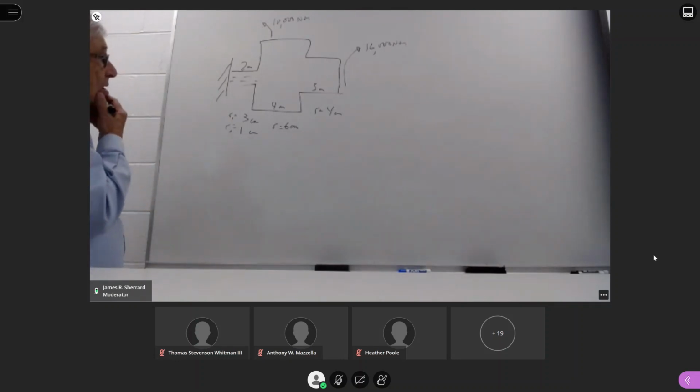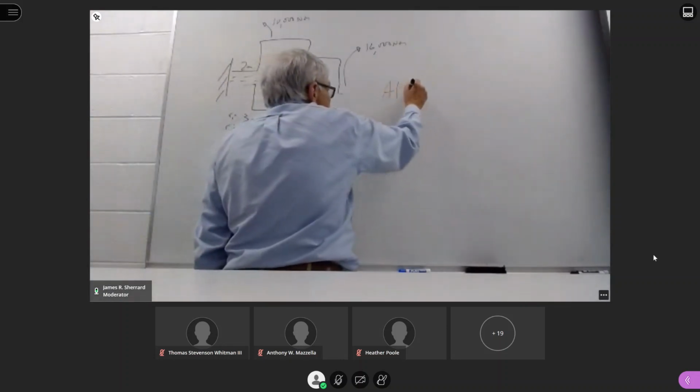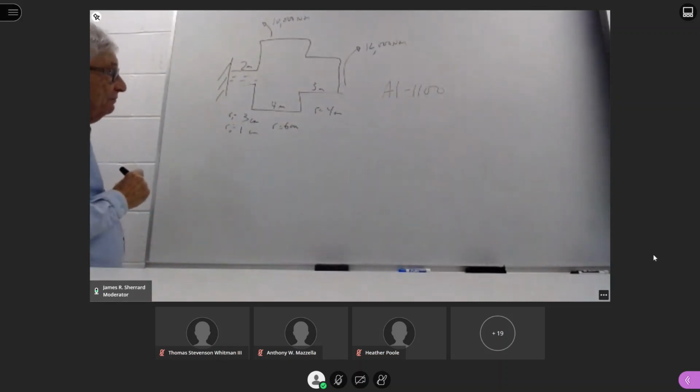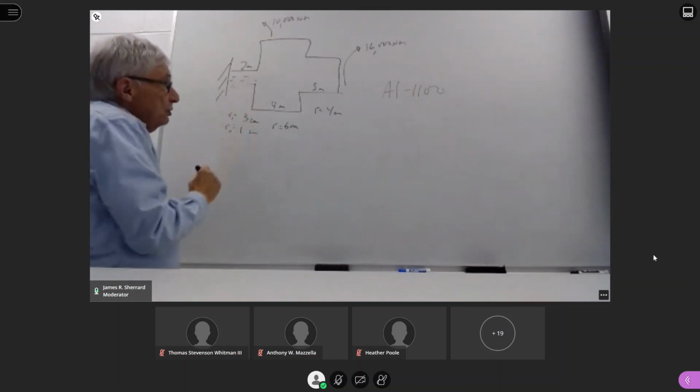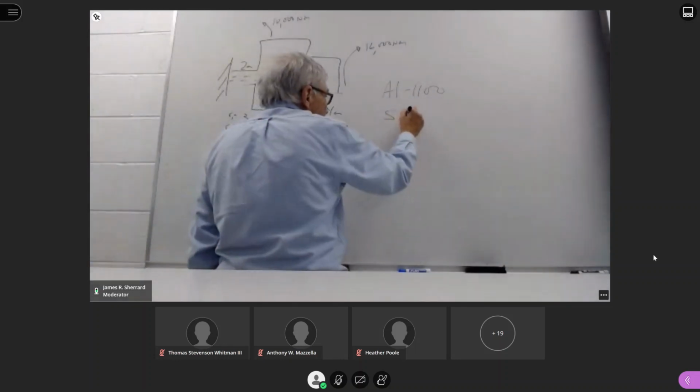So I gave you a material that was all aluminum 1100. I gave you a 3 different section material, but again, all aluminum 1100. I put 2 different torques on it, and I asked you about safety.